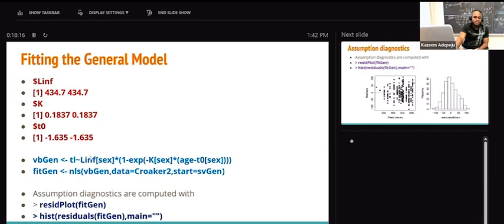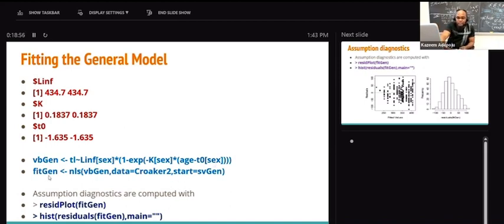You can see L infinity on 6, K on 6, T0 on 6, which means the two groups have different values. But don't forget, I use the idea of common for general, because normally I'm supposed to get different values for the 6 parameters, but we can assume the idea of common for the general and replicate.